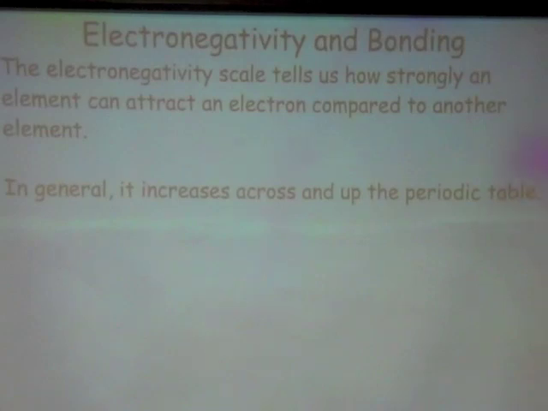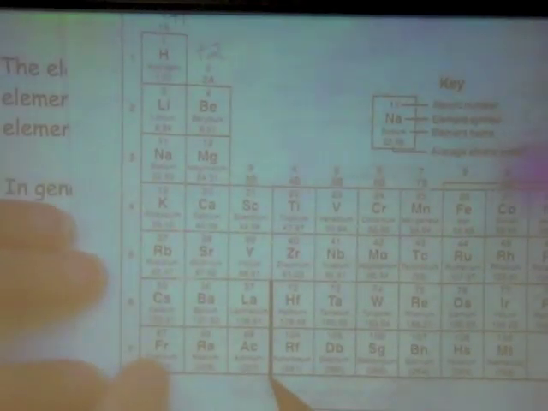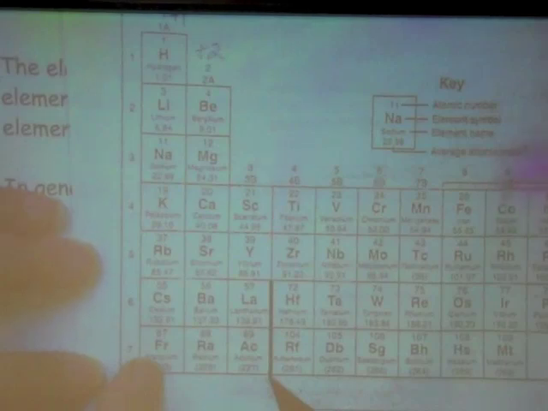So, this should come as absolutely no surprise to anyone. Francium has no ability to attract an electron to itself. Okay, its valence electron, its space for another electron is so far away from the nucleus.